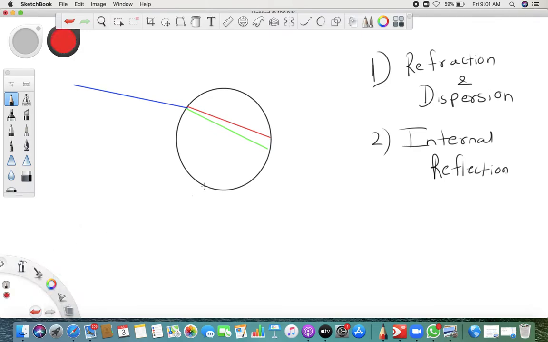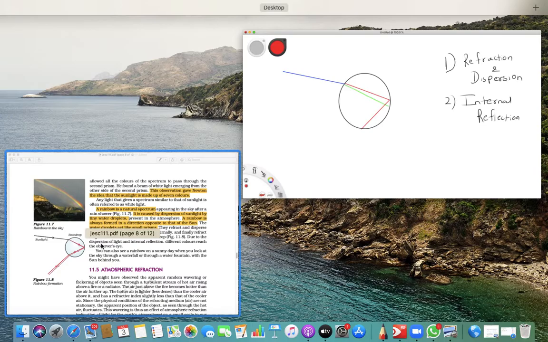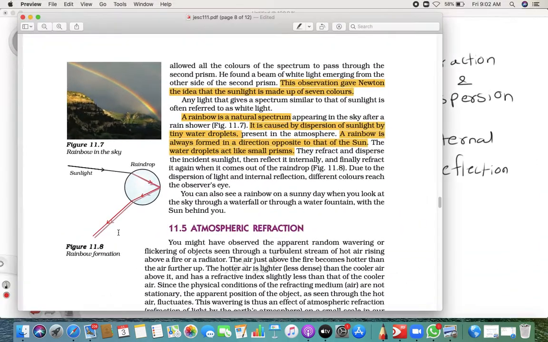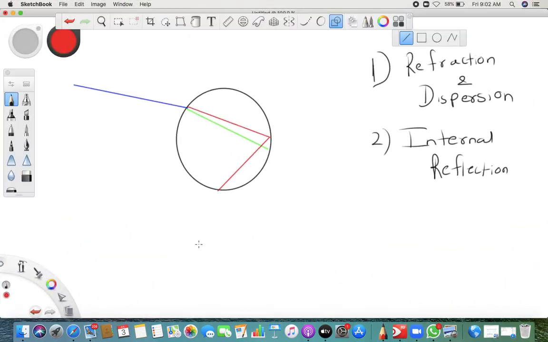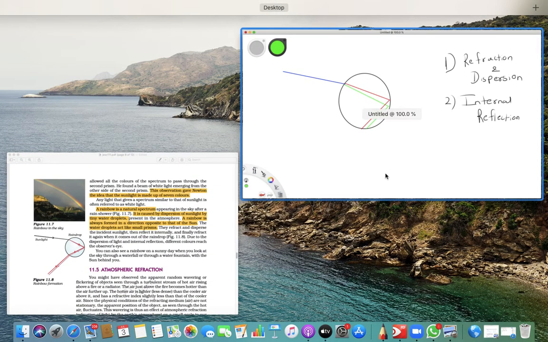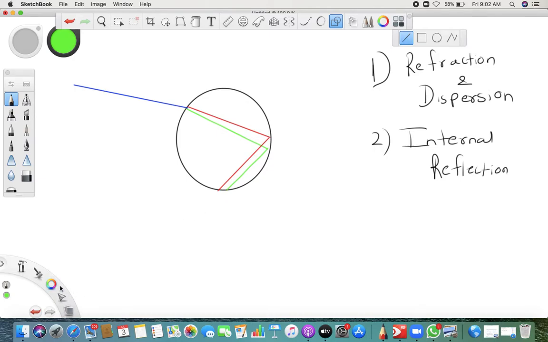So from here, the light has an internal reflection. Then from here refraction happens again, and from here also a refraction.